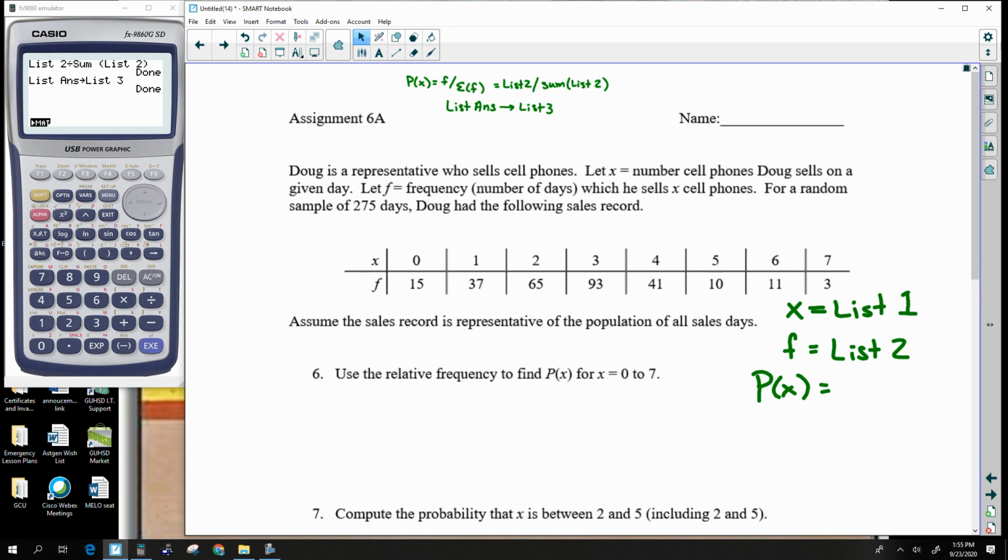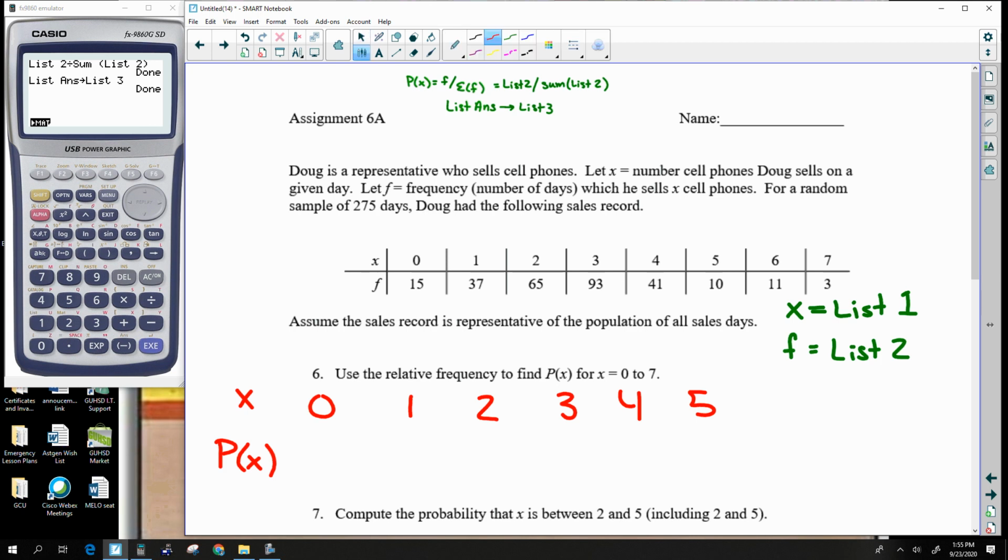Okay, so now all I need to do is write down and answer question number 1. What are the probabilities individually of 0 to 7? So these are the x's, and these are the probabilities of those x's. So I have 0, 1, 2, 3, 4, 5, 6, and 7.